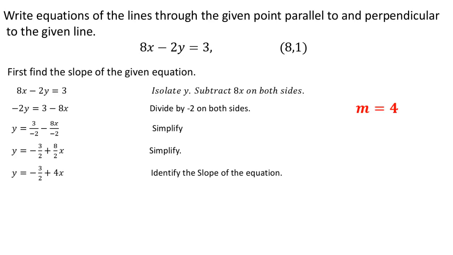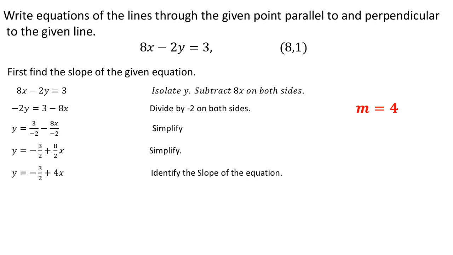Okay, so what I'm going to do first is solve for y, again putting this equation into slope-intercept form. So here, what I did first is I subtracted 8x on both sides, okay? And then I divided both sides by a negative 2, which after simplifying, I have y is equal to negative 3/2 plus 4x.